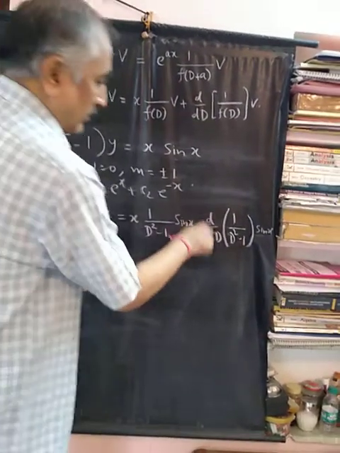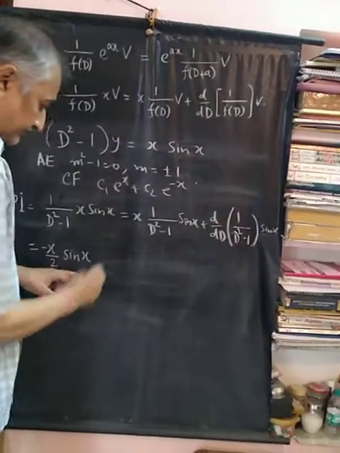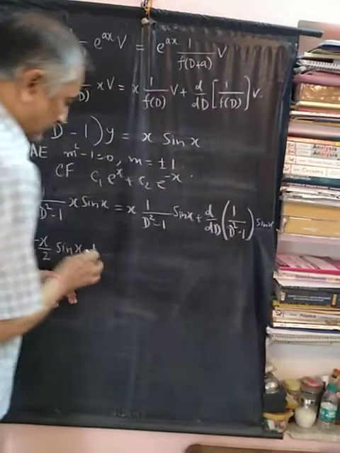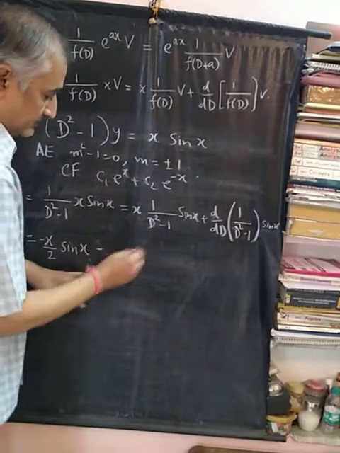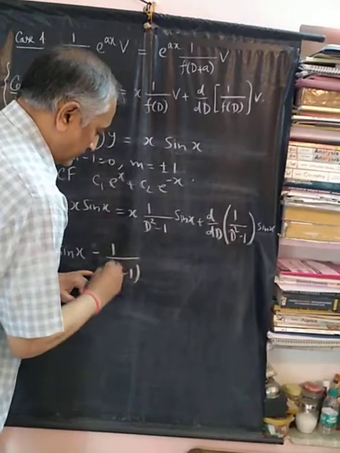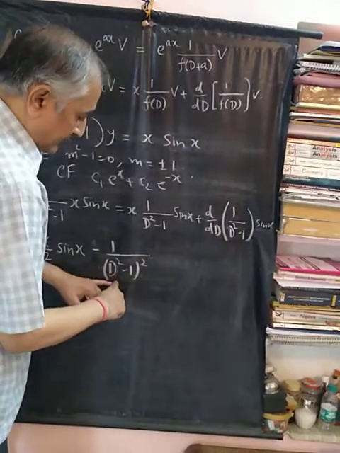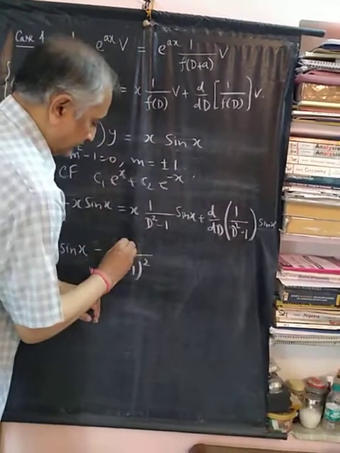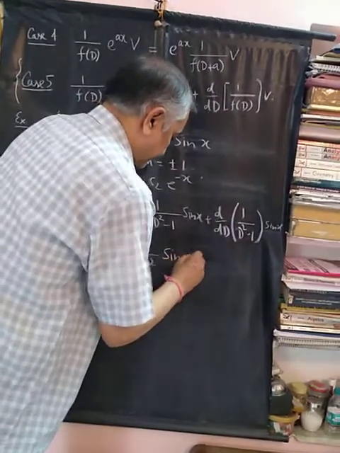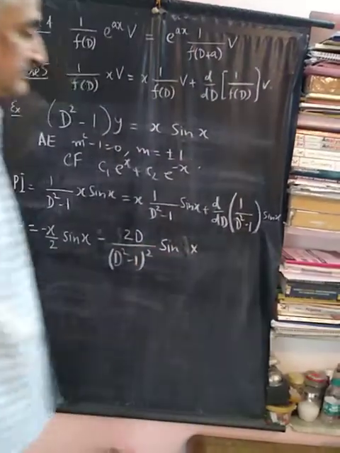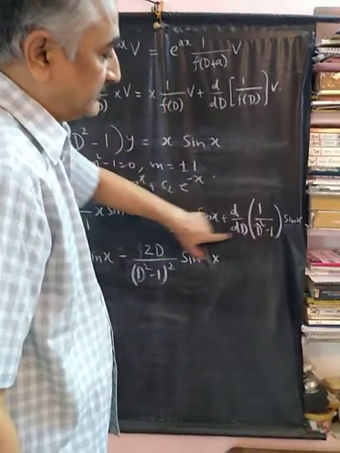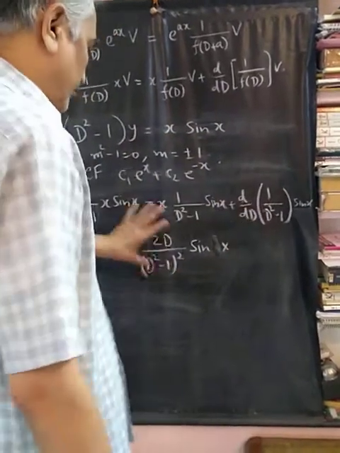Now come to the differentiation of this. This is D square minus 1 to the power minus 1. So this will become minus D square minus 1 whole square inverse, and the differentiation of this, which is 2D, applied on sin x. So minus 1 upon D square minus 1 whole square times 2D, we get this.